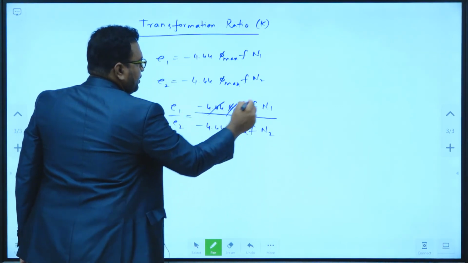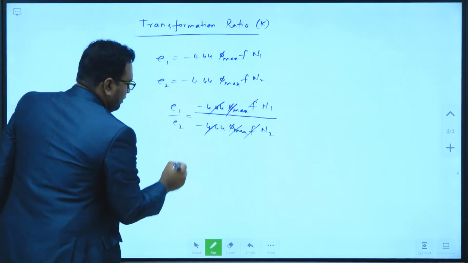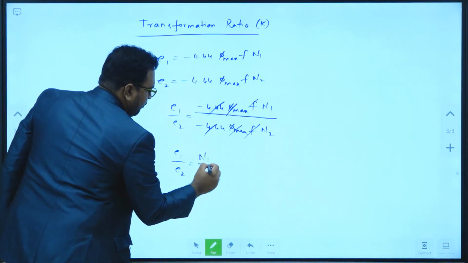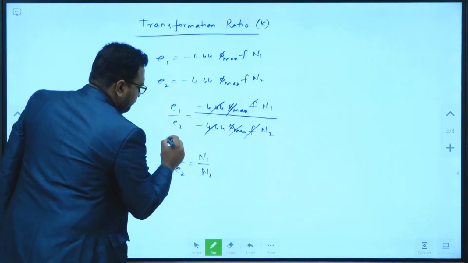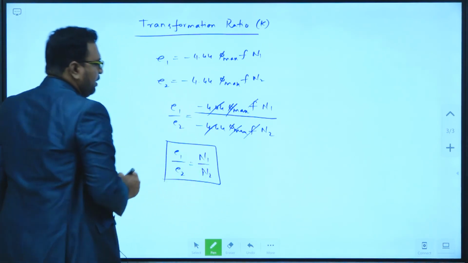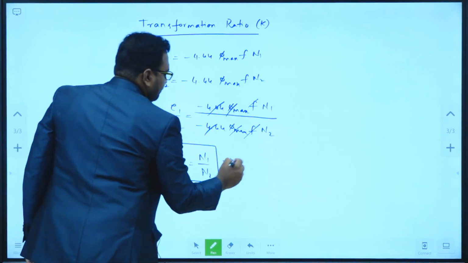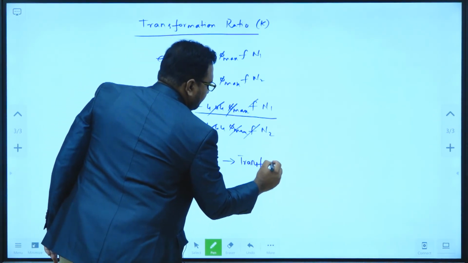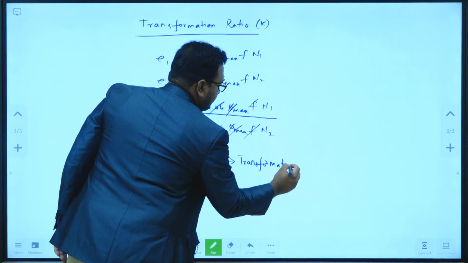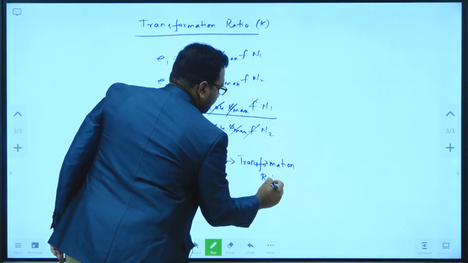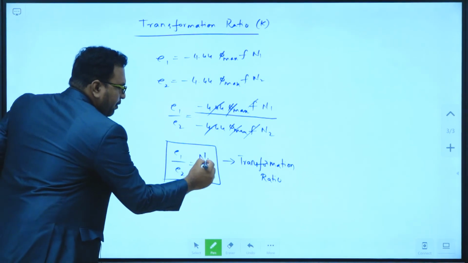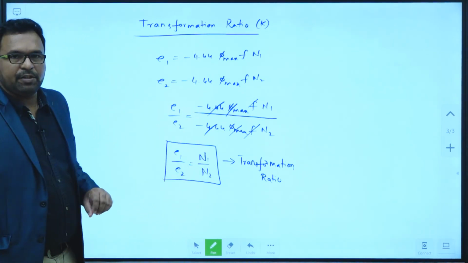Here these are all constants, which get cancelled, and we get E1 by E2 as N1 by N2. This ratio is called the transformation ratio. So E1 by E2 is equal to N1 by N2.